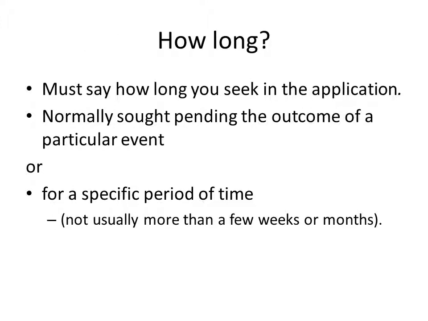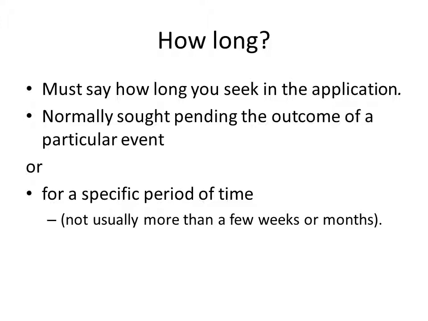The other thing you need to consider if you're going to be asking for a stay, and you can consider this with the other parties, is how long a period of time you're seeking to have the claim paused for. So you're going to need in your application to name an event or a period of time after which the claim should proceed.